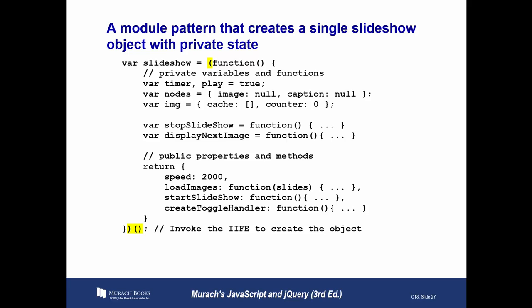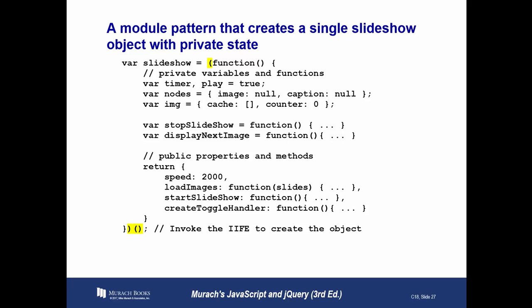You can overcome this problem by using a function to create a closure with private state, but this means that you can create multiple instances of the object by making multiple calls to the function that produces it. What the module pattern does is it allows you to combine the benefits of object literals with the benefits of closures.